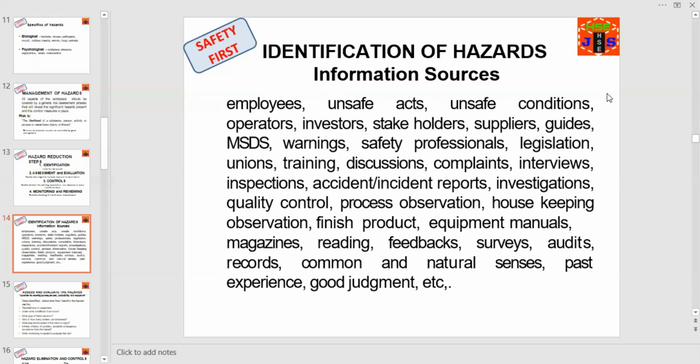Step number one, identification. How to identify? What are the information sources for hazard identification?